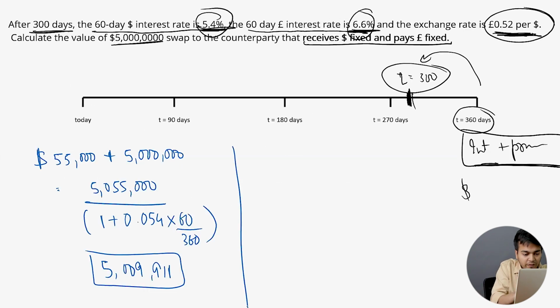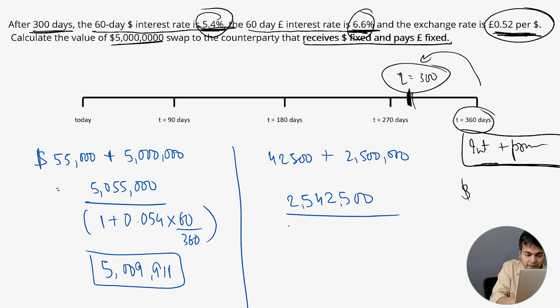So the amount is 42,500 plus the notional principal that we had. So that would be 2,500,000 plus 42,500, that would be 2,542,500, divided by 1 plus 0.066 into 60 upon 360.